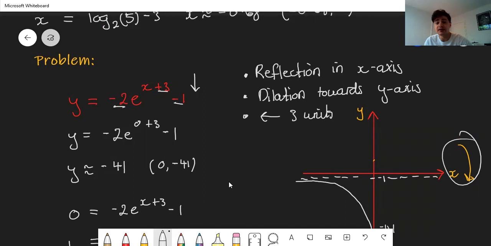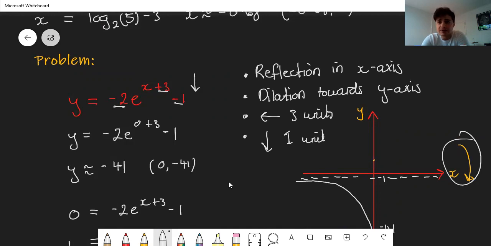And we've got the shift down, and the shift down is down 1 unit.